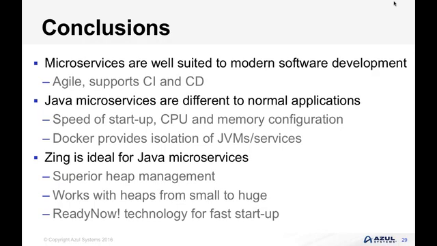As I explained, we have different ways of doing heap management in terms of garbage collection, allocation, and the integration with the Zing system tools. This works from small heaps to very, very big heaps. As I said, you can run with 1 gigabyte, that's no problem. You can run with 2 terabytes, that's no problem as well. And in terms of fast startup, ReadyNow is the technology we have which addresses the needs of that.